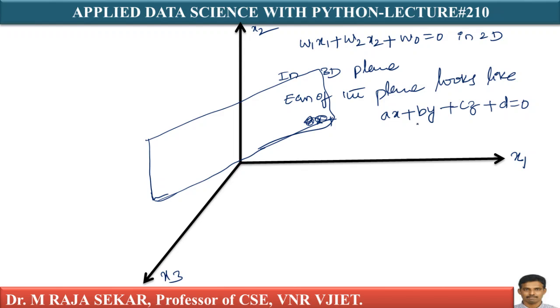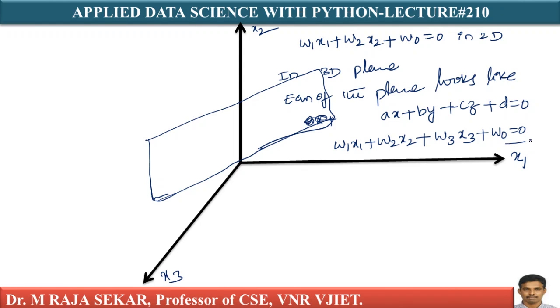How can I generalize this ax plus by plus cz plus d equal 0? Can I write w1 x1 plus w2 x2 plus w3 x3 plus w0 equal to 0? Can I say like this?